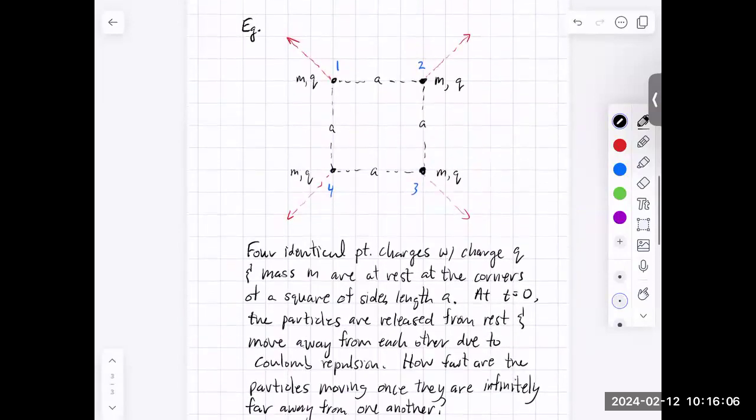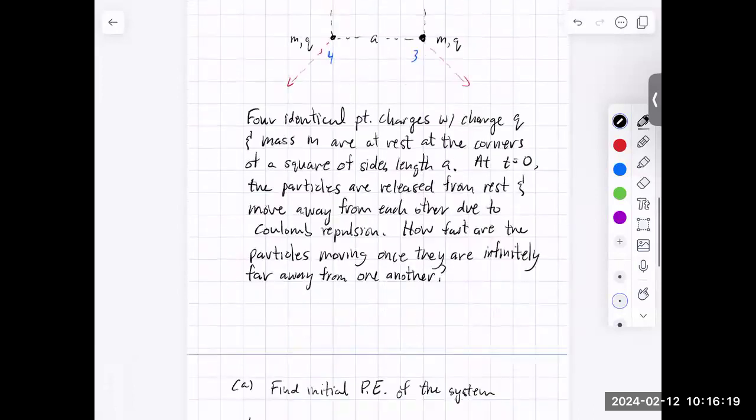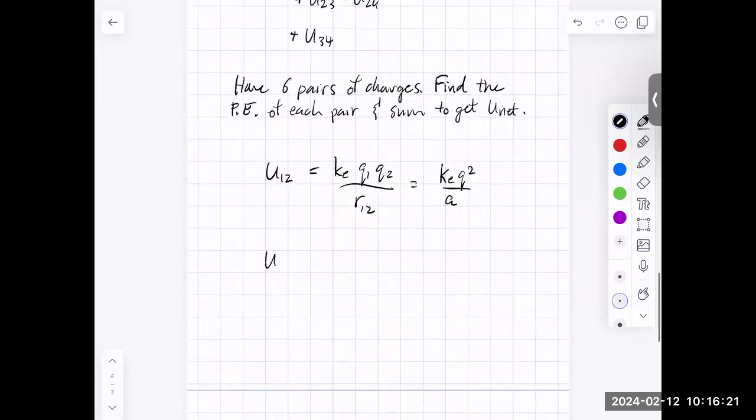So if we look at this picture again, U12 is equal to U23 is equal to U34 is equal to U14. Those are all identical, and so that's 4 of our 6 pairs.